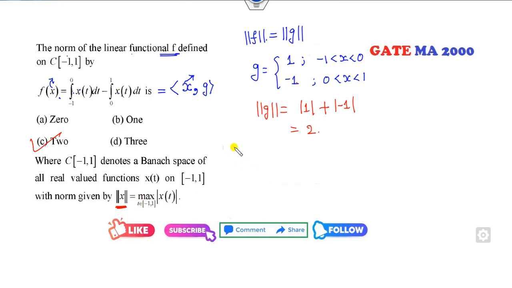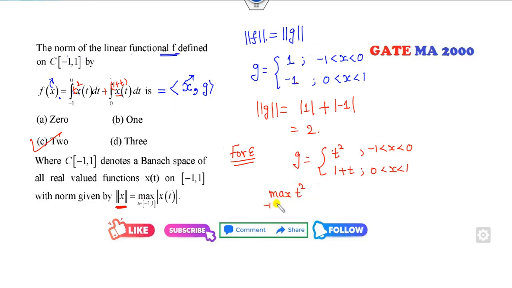Remember that. For example, what is the meaning of this maximum? Say g is my t square, and here is my 1 plus t, for example. Then how can you find it? Say instead of this it is t square and plus 1 plus t, coefficient of x. Then find the maximum of t square over the domain -1 to 0, plus the maximum of 1 plus t.